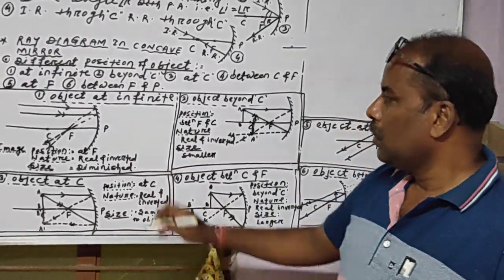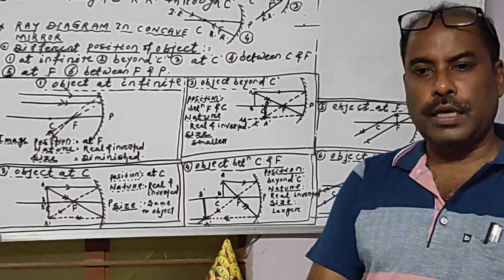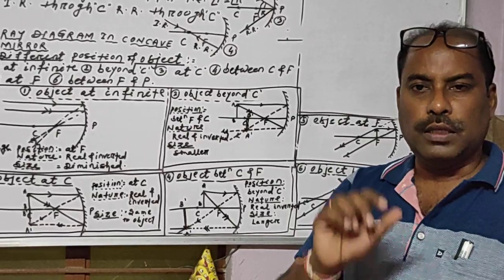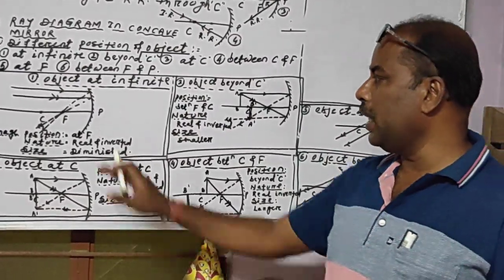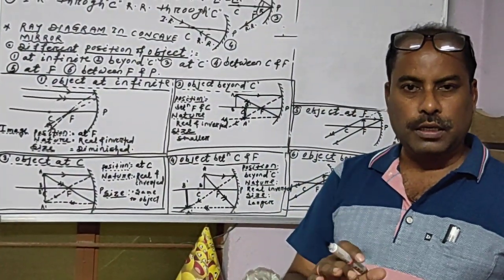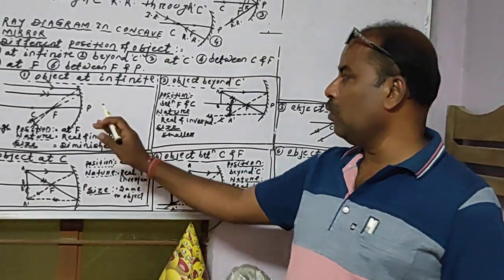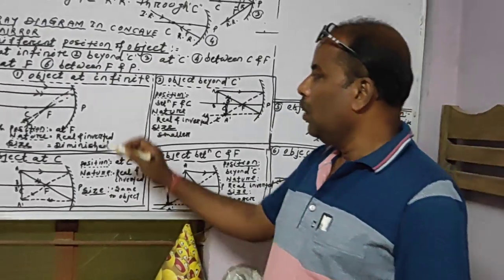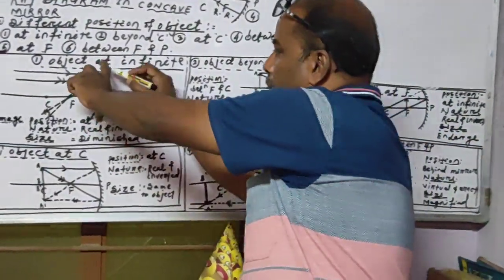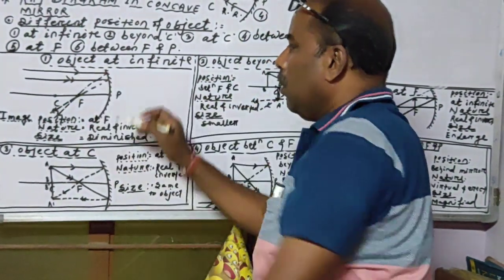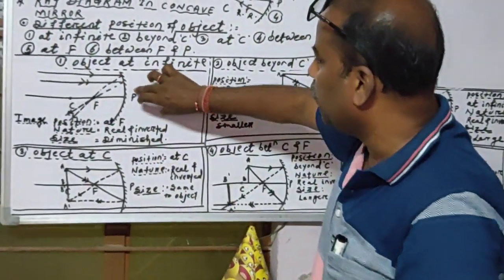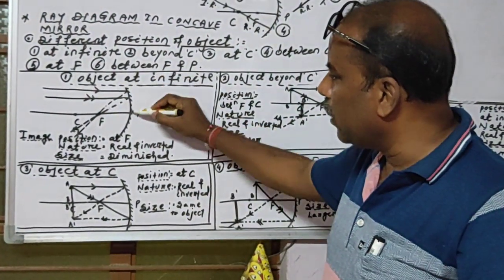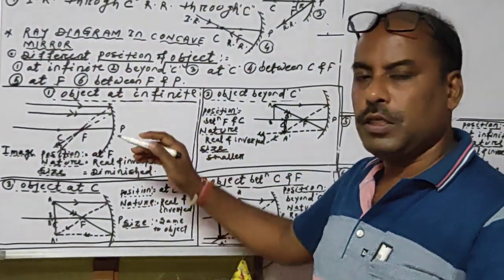So let us see. For that we have to take a scale, protractor, compass and pencil. We have to draw the ray diagram with compass, protractor, pencil and scale. No pen should be used here; it is better to use a pencil and scale. You can take the protractor and bend it apart, or take the compass and draw an arc like that, or by free hand you can also draw a part of the sphere.